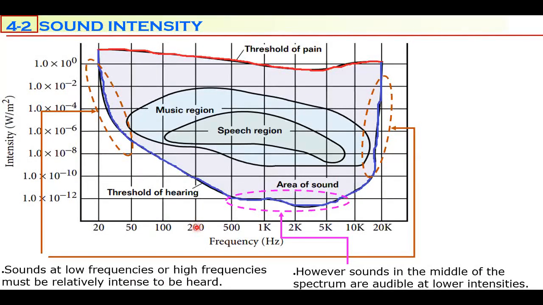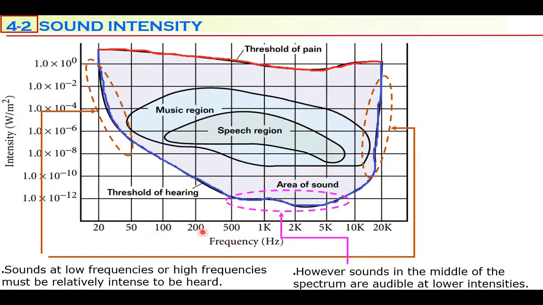For example, they can give you a diagram and say that at 100 hertz or 200 hertz, audibility starts at 10 to the power of negative 10 watt per meter squared. If the intensity is less than this number, you cannot hear the sound.